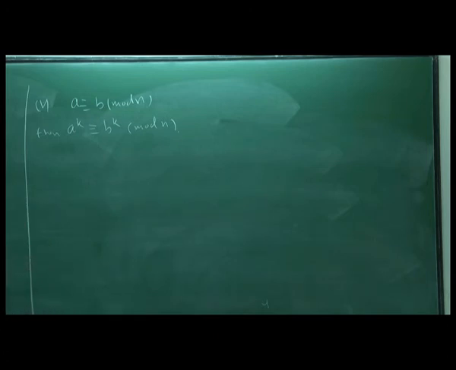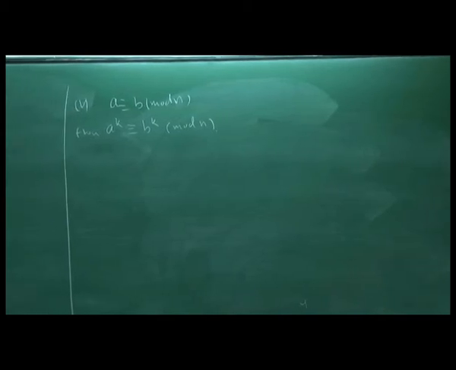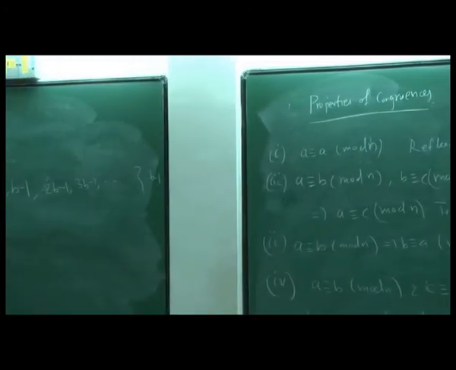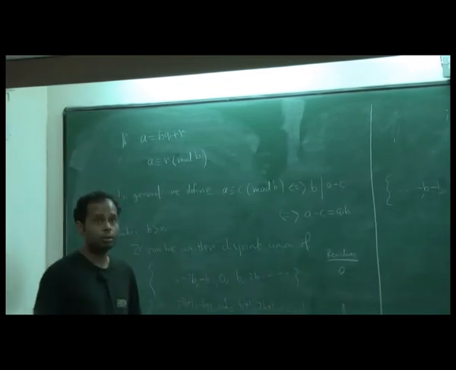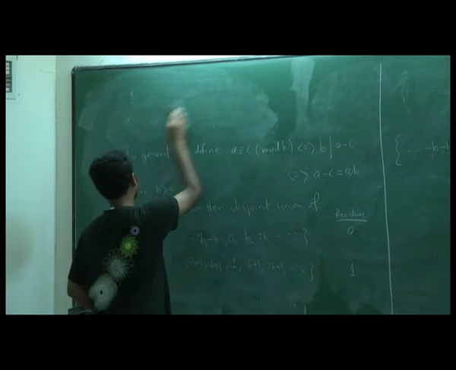Let's do this problem. I am erasing this bit. So everyone understood the congruences? If you understood, raise your hand. Understood? Okay, so this is the problem I will do.